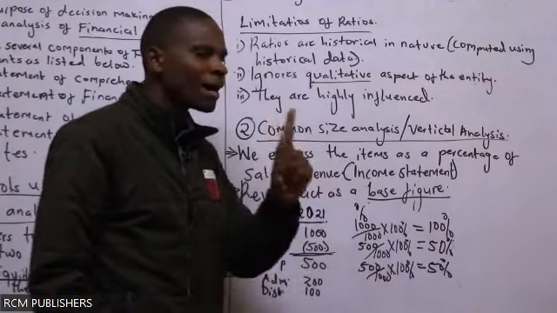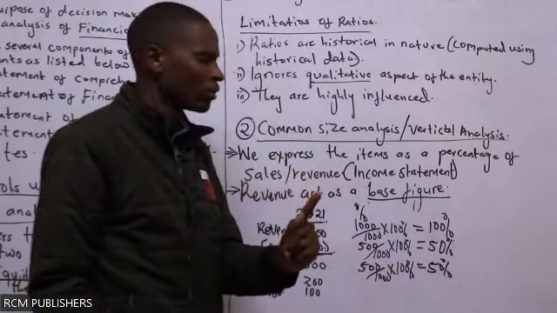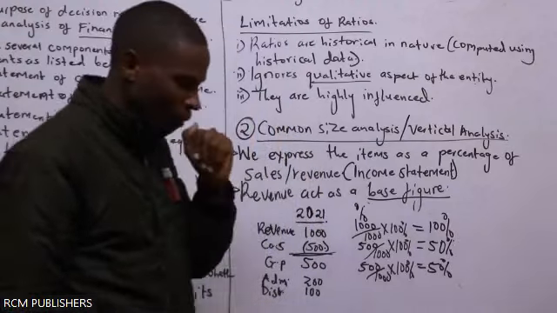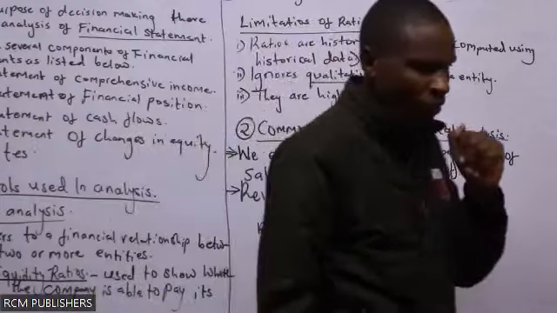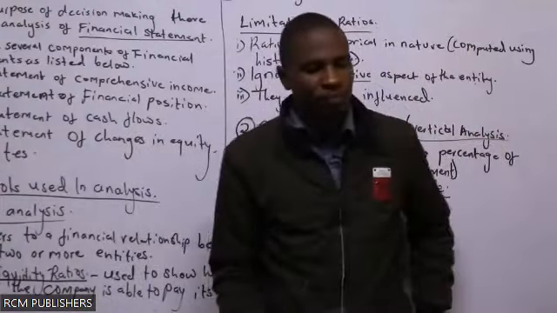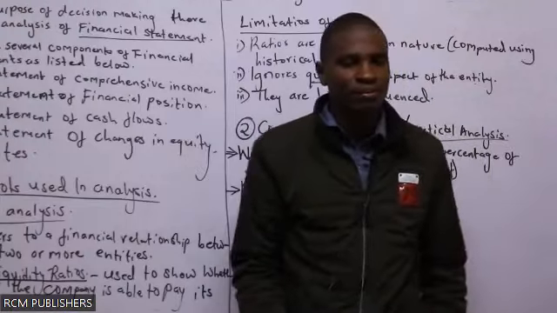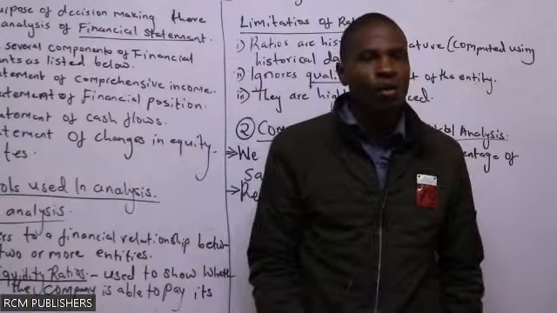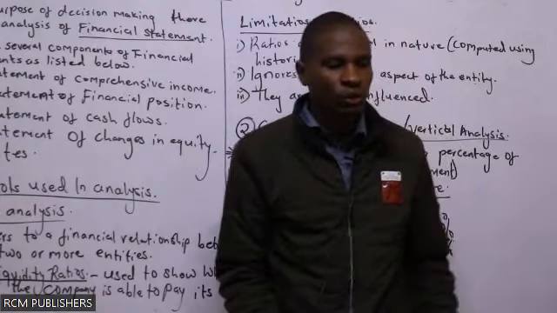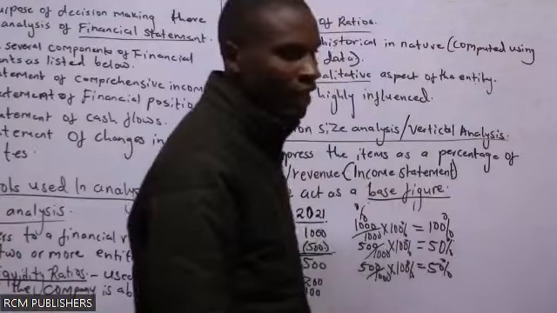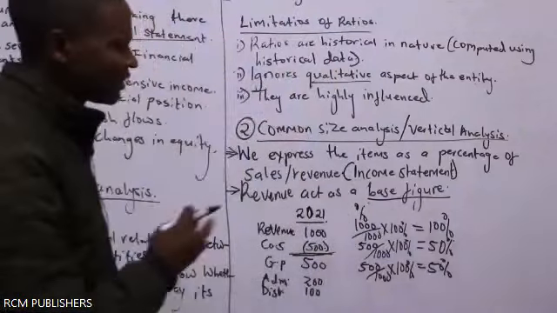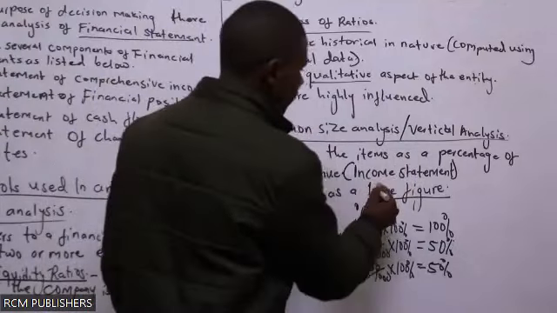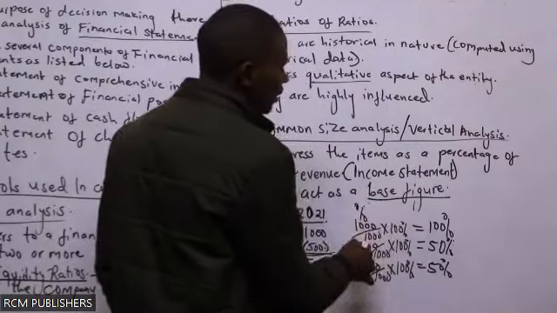When you go to balance sheet, what do you think will be common? What will be our common base? This is very, very interesting. What do you think will be our common base when we go to balance sheet? Yes, total asset will be our common factor.